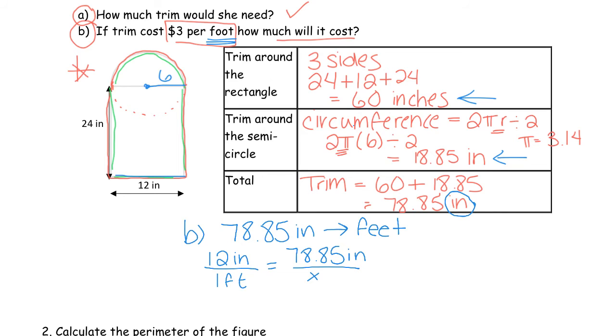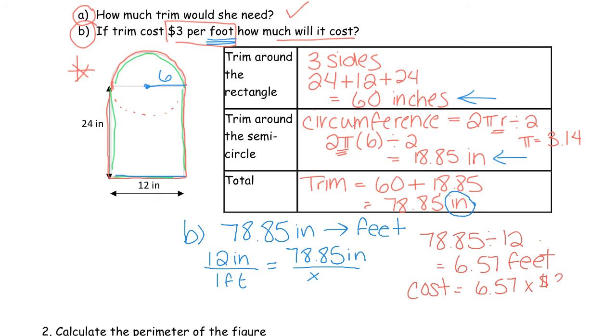Or cross multiply and solve for x. I'm going to take those inches and divide by 12, which gives me 6.57 feet. And now that I know how many feet I have, I know it's $3 per foot. So the cost is going to be that 6.57 times $3.